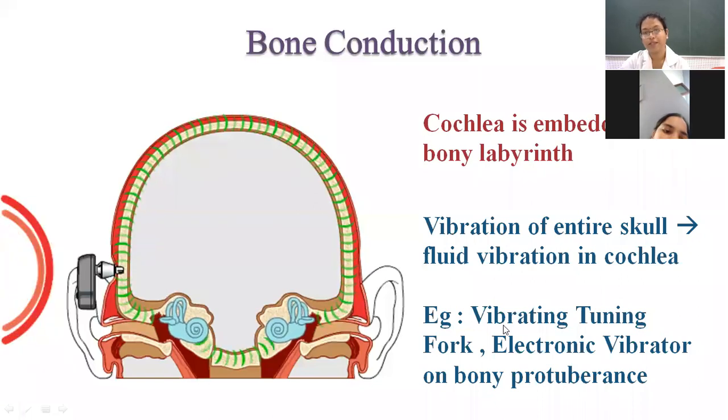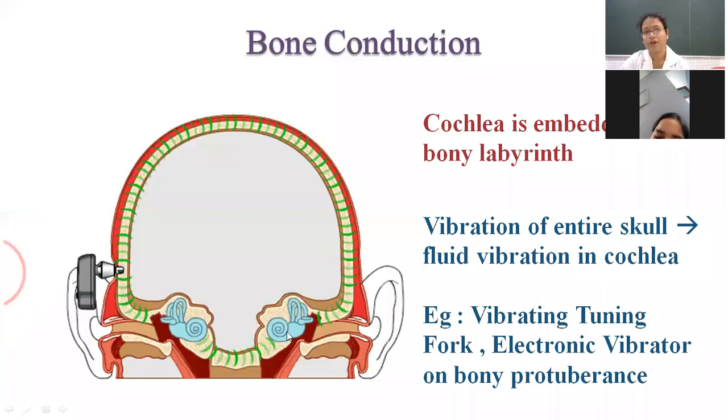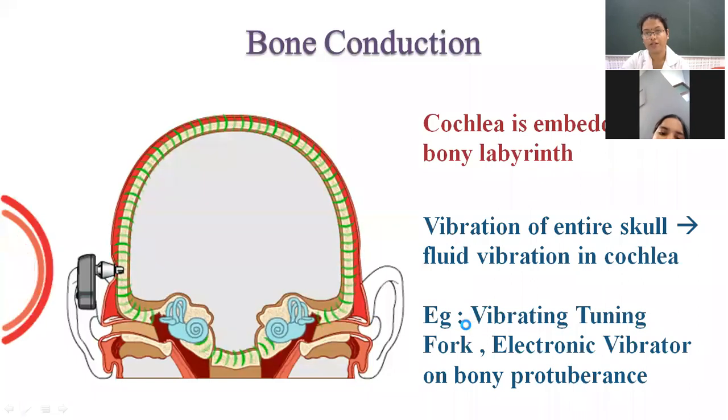The best example is a vibrating tuning fork or the electronic vibrator, which is usually a part of the hearing aid in people who have extreme hearing loss. Here, this sensor will receive the sound and then transmit it to the bone, which will cause vibration in the fluid in the cochlea. So this is how you hear the sound through bone conduction.